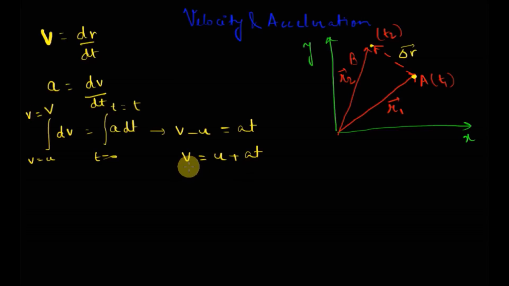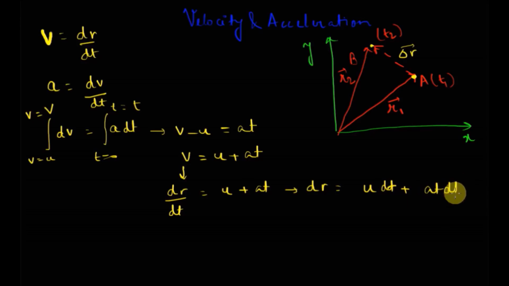Now velocity is what? Velocity is dr by dt. So if I replace this v as dr by dt is equal to u plus at, and again if I move dt this side, then I will get dr is equal to u dt plus at dt, right?